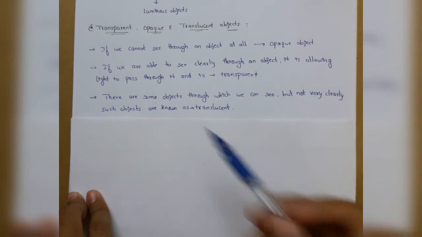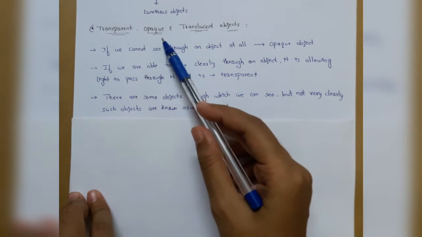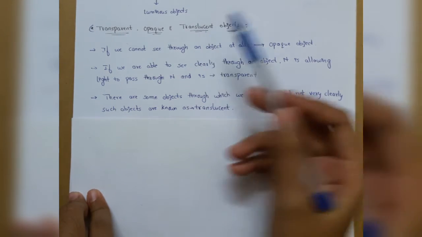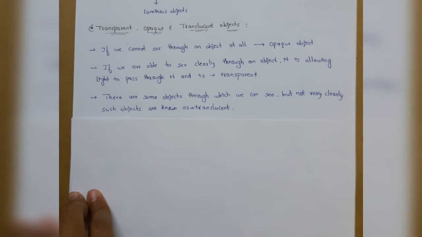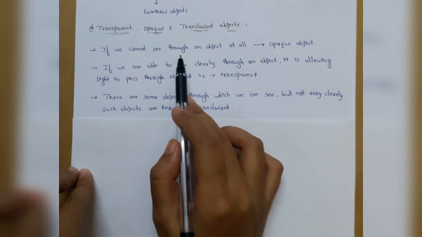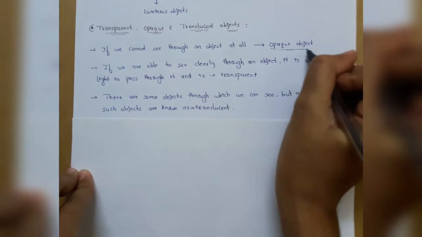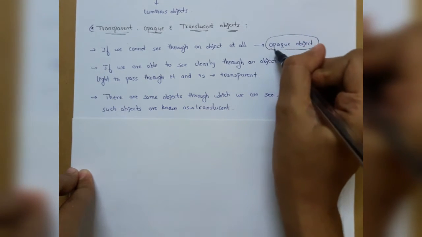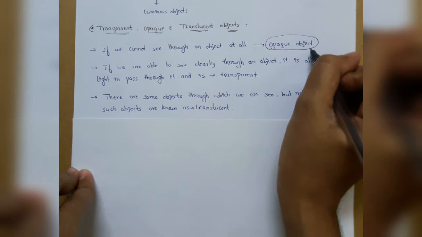Now let us learn about transparent, opaque and translucent objects. So what is a transparent object? What are opaque and translucent objects? Let us see. If we cannot see through an object, that object is known as an opaque object. O-P-A-Q-U-E, opaque object.